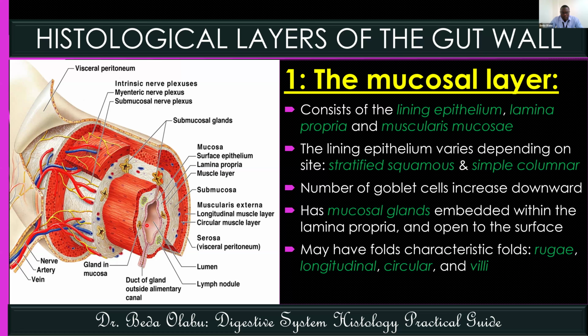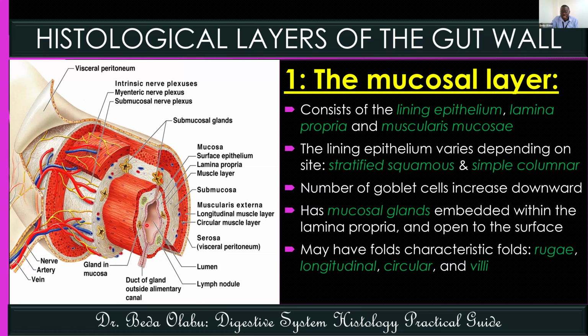Now, the mucosa of the GIT may have some characteristic folds which are unique to particular regions of the alimentary canal. For example, the stomach has rugae. Now, rugae are not primarily folds of the mucosa, but rather folds of the submucosa.